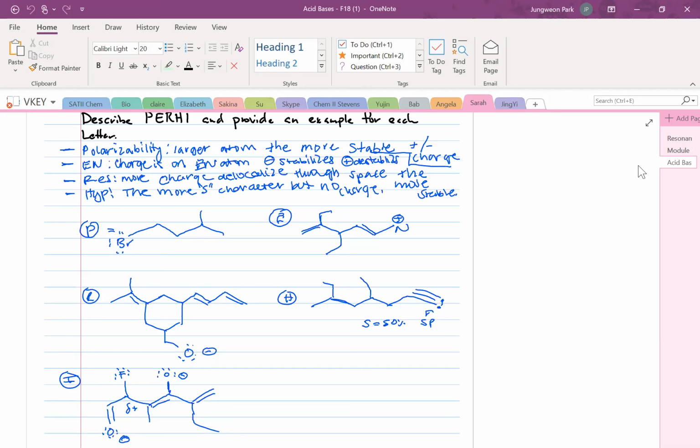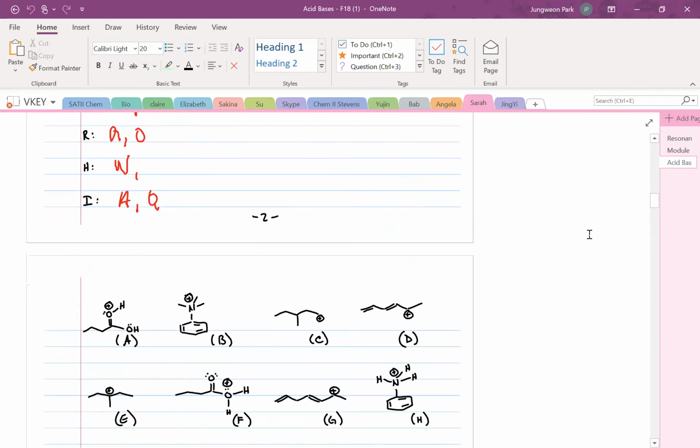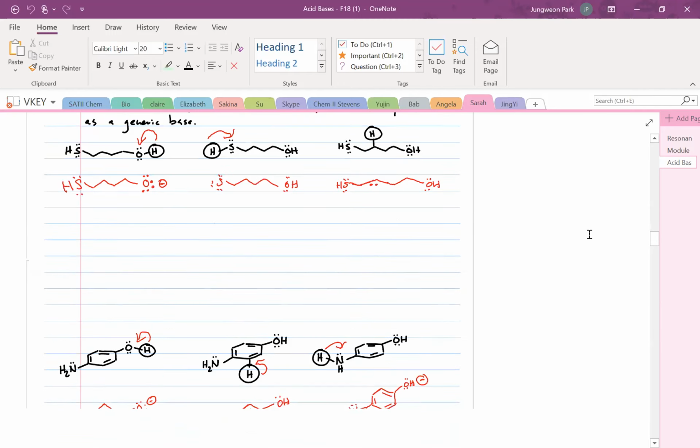Because inductive effect, all it means is that it's donating electrons or pulling electrons, right? So it just means that it's a very polar molecule. I don't know if your professor has any inductive effect information here.